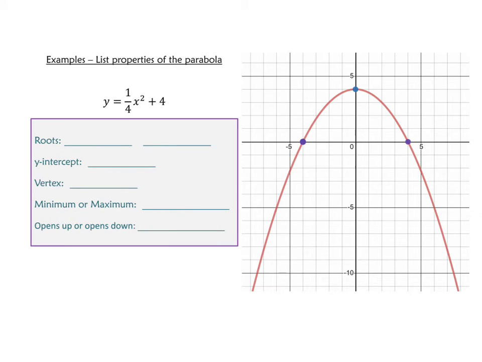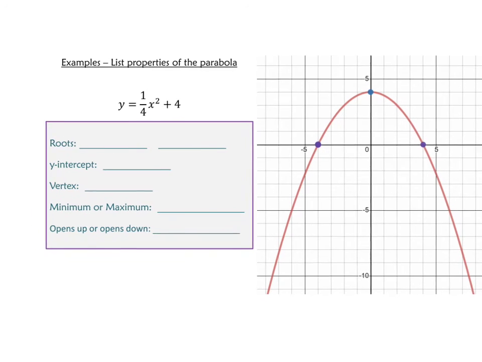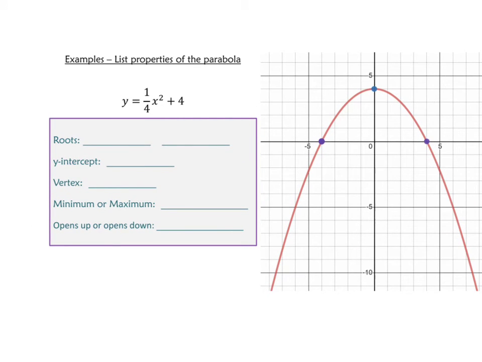Here's one that is actually centered on the x-axis. Y equals 1/4 x squared plus 4. So taking a look over here, goes by ones, right here would be -4. Over here, well, how about that for symmetry? 4, 0.